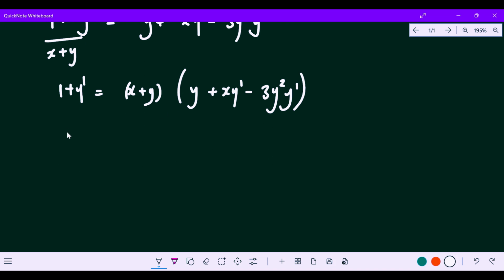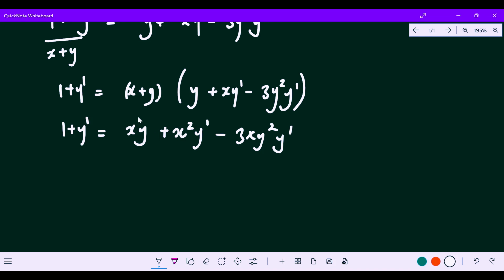So 1 plus y prime equals x times y, that is xy, plus x times xy prime, that is x squared y prime, minus 3xy squared y prime, right? So I'm done with x. We'll do the same thing with y: y times y is y squared, y times xy prime is plus xy prime, minus y multiplied by that, that is 3y cubed y prime.